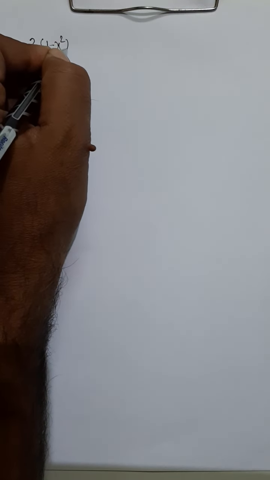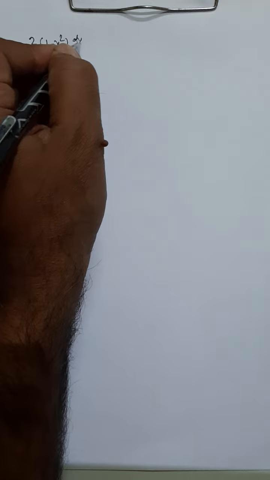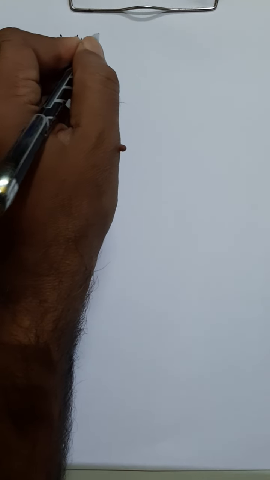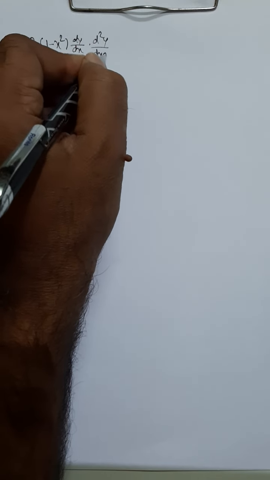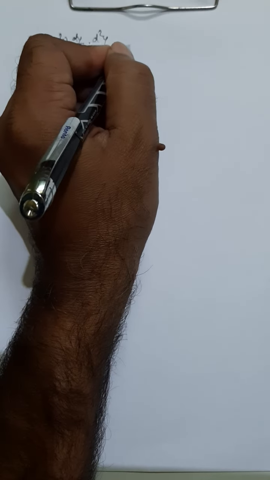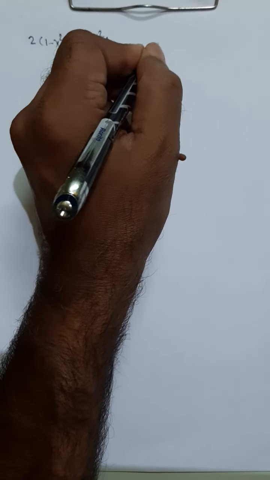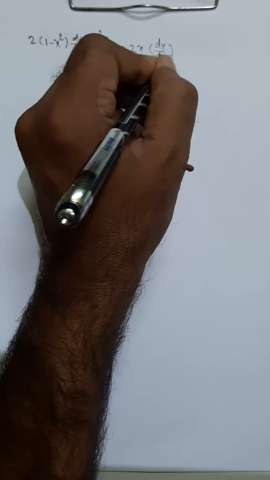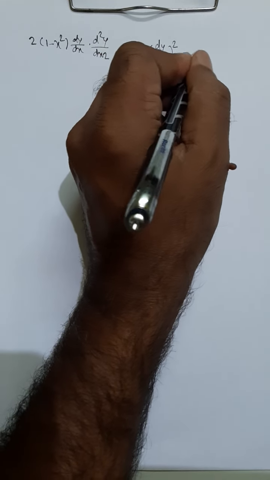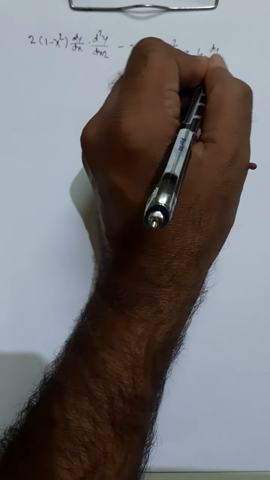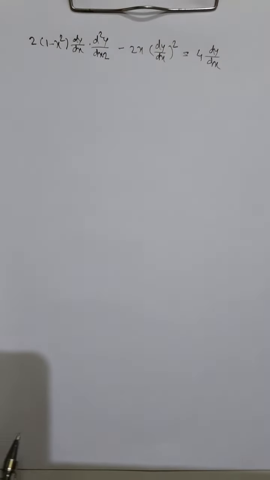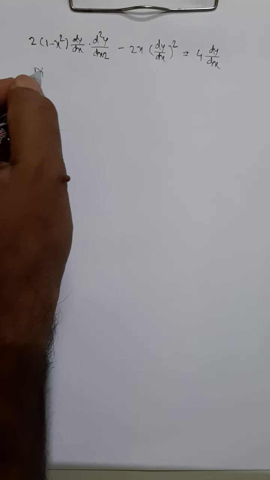Simplify this, so we get here 2 into (1 minus x square) into dy by dx into d2y by dx2 plus minus minus sign, 2x, (dy by dx) square is equal to 4 dy by dx. Then we divide throughout by 2 dy by dx.